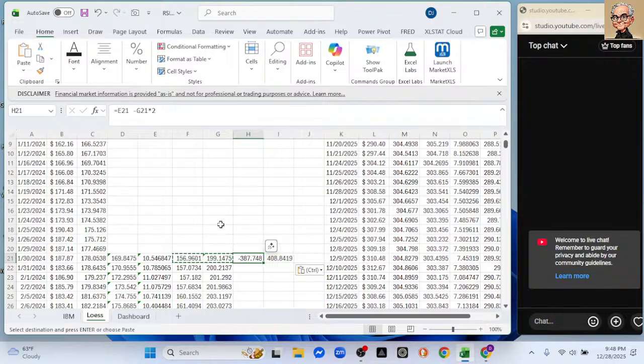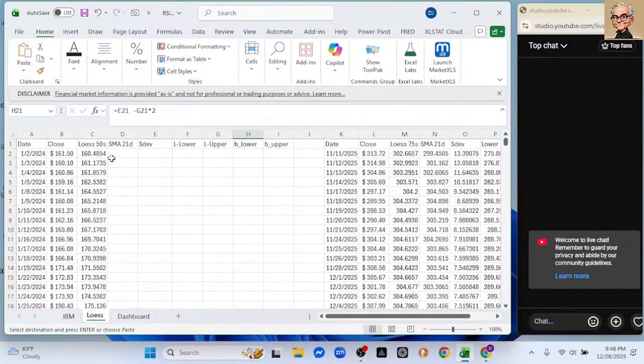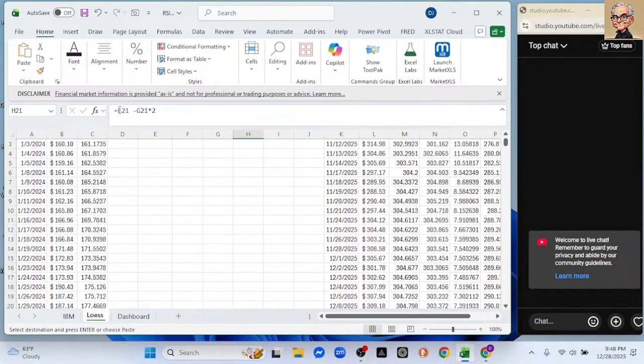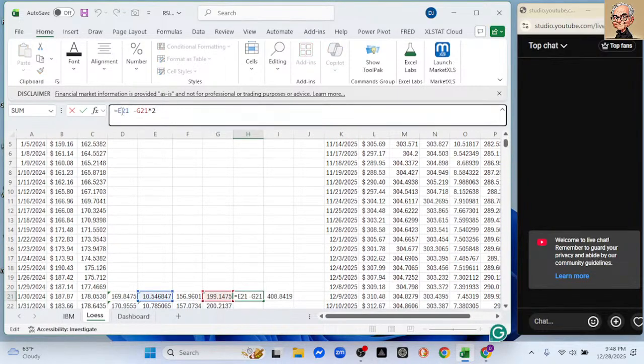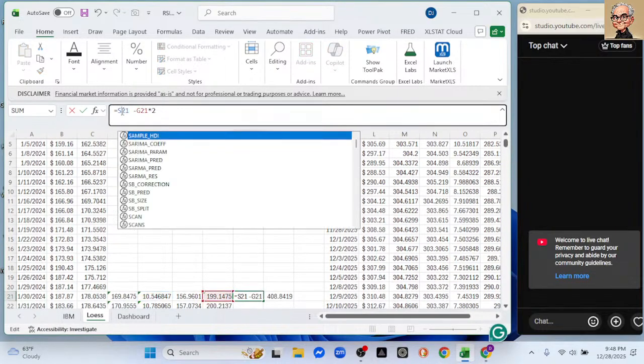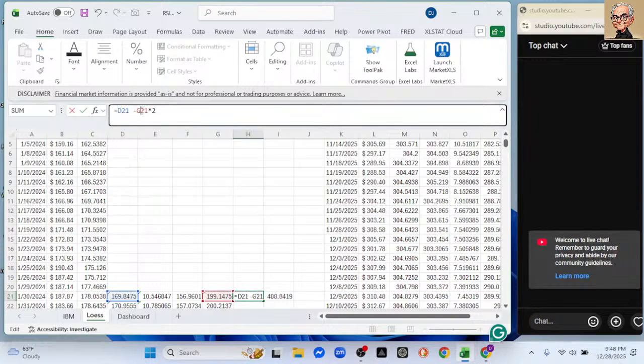So this is going to be D, moving average. If this is Loess, D and E, so this should be E, right?